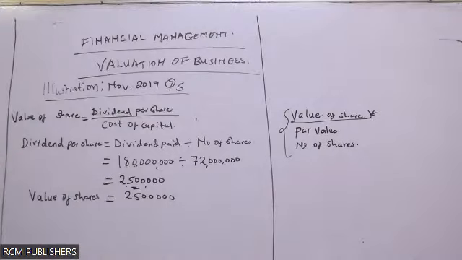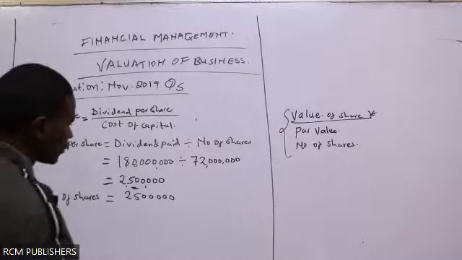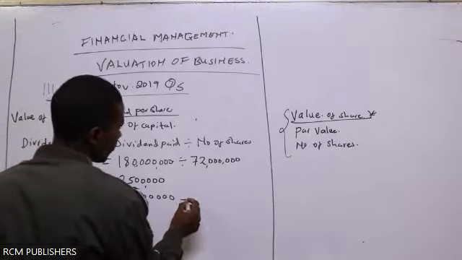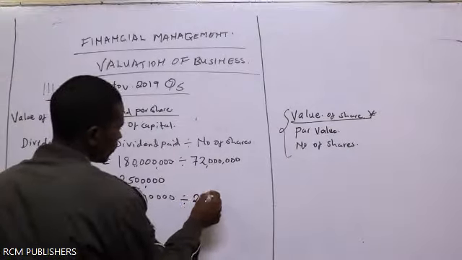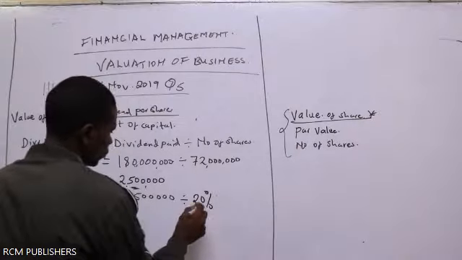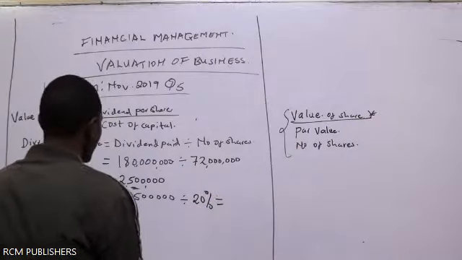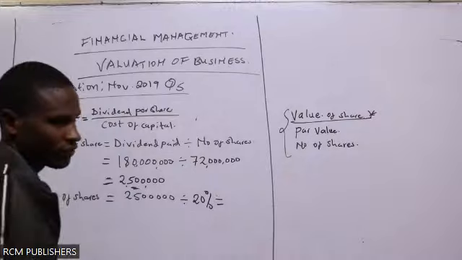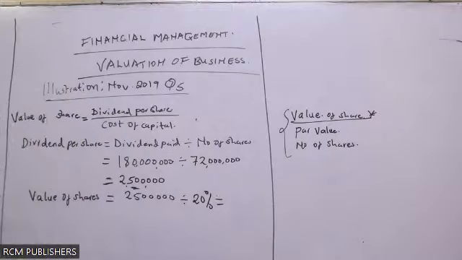I think the examiner had given me the cost of capital. What is my cost of capital? 20% or 0.2. I divide by 20% or 0.2. Now give me the value of shares. What will be our value of shares?